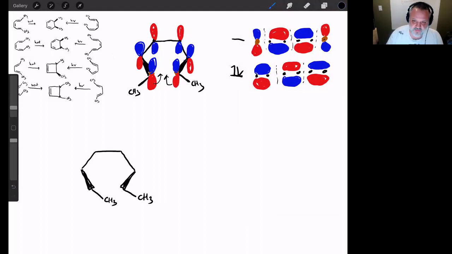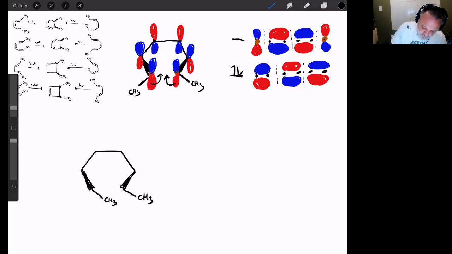I'm going to stick with it this way for the moment and say that I'm going to end up with the red rotating, in this case, on the left-hand side, counterclockwise, and on this side, clockwise. And so what I want to do is examine what the groups end up doing, and where their positions are after this rotation is accomplished.